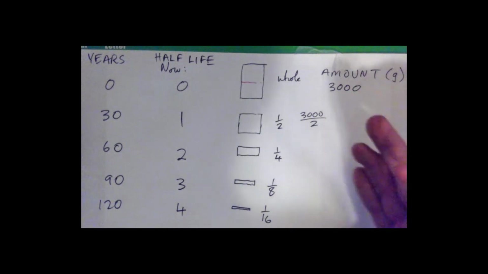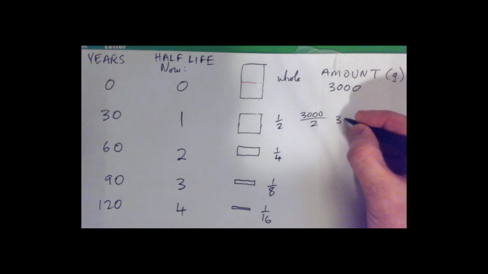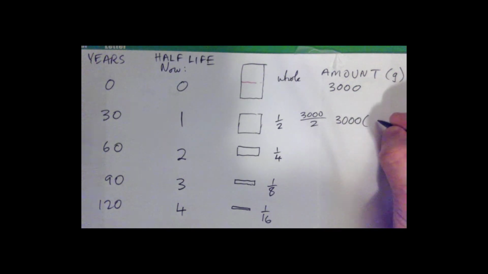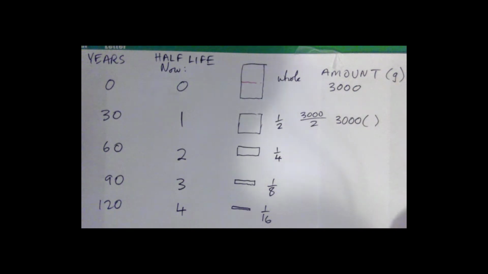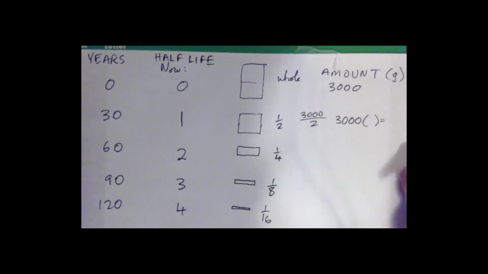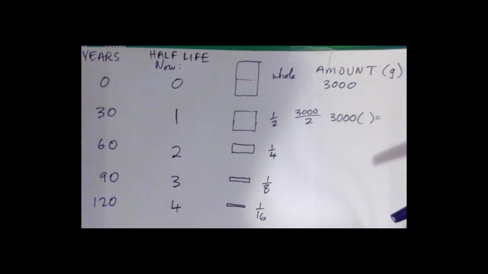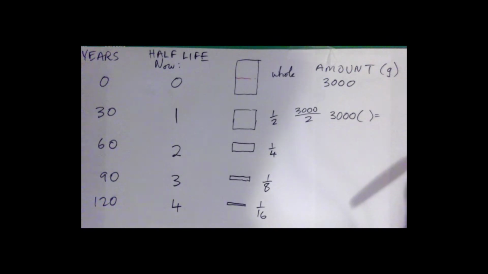Just because I want to come up with a formula, I want you all to get half of 3,000 by multiplying it by something. Can you get half of 3,000 by multiplying it by something? Multiplied by what? 3,000 times what will give you half of it?